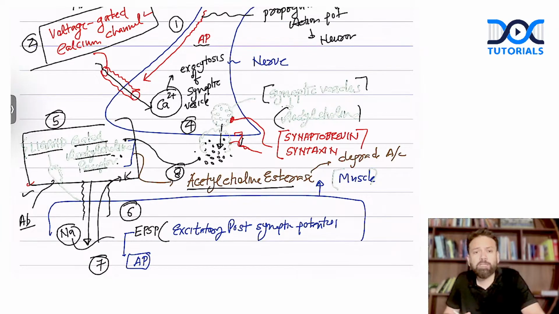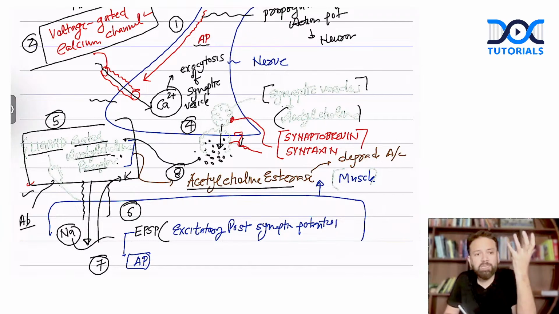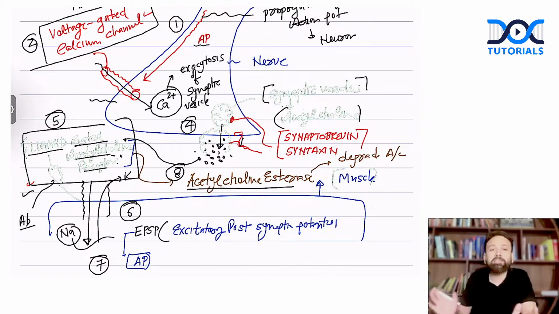One more thing can be asked about botulinum toxin. How does Botox act? Nowadays we are using Botox to remove wrinkles and nasolabial folds. How? Because Botox inhibits synaptobrevin. The docking phenomenon is inhibited. Because of that, calcium will not be released, acetylcholine will not be released, and muscle will not contract. So you are relaxing the muscles.